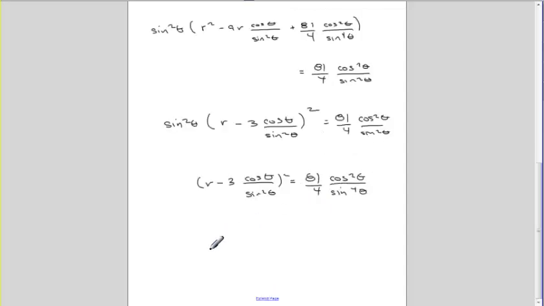And you take the square root, and then you would add that, so you get r equals r times cosine theta over sine squared theta plus or minus the square root of 81/4 cosine squared theta divided by sine to the 4th of theta.